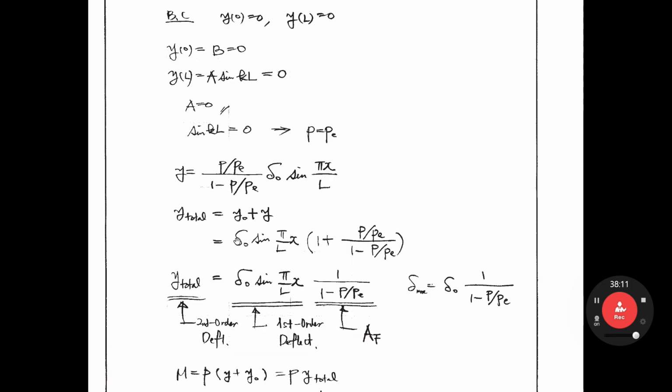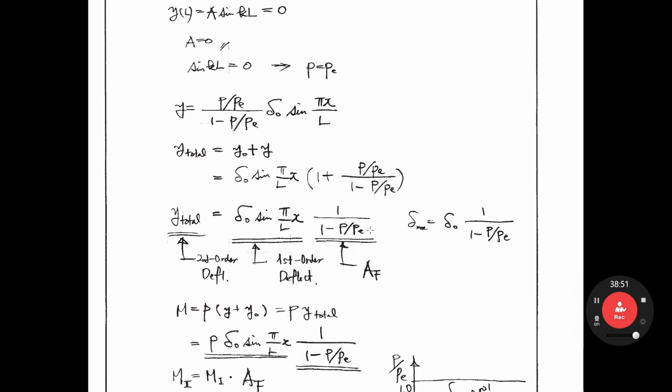So let's calculate y total. What is y total? The initial deformation plus the displacement due to P, the second order displacement. So if we add them together, do you remember y0 is delta 0 sine pi x over L, right? So add together, then you can get this equation.